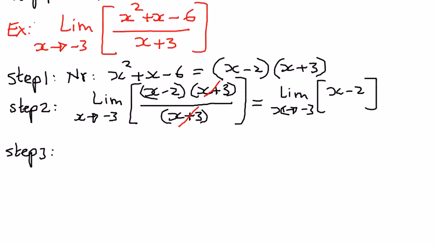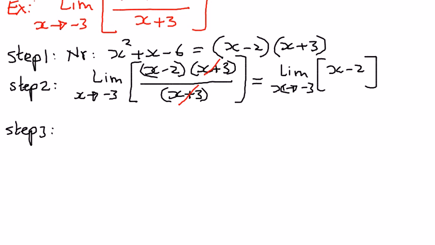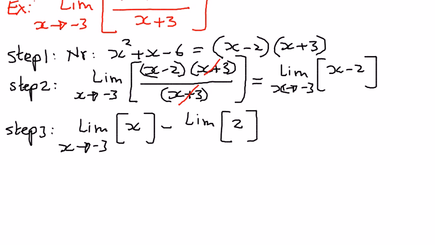Now, as step number 3, we can write this given function as follows. Limit of the first function, which is x, as x approaches negative 3, minus limit of the constant number 2 as x approaches negative 3. Now we are ready to substitute the values of x, and in step number 4 we will implement that.